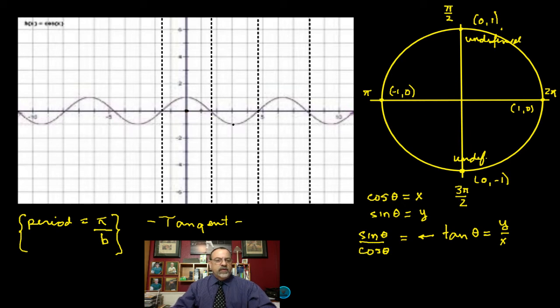Now, if you think about what happens as this goes around the circle, remember sine over cosine. Something interesting happens at the 45-degree angle. Do you know what it is? What happens at 45, 45, 90 in terms of the sine and cosine? Well, because the sides are the same, the value of the sine and the value of the cosine are identical.